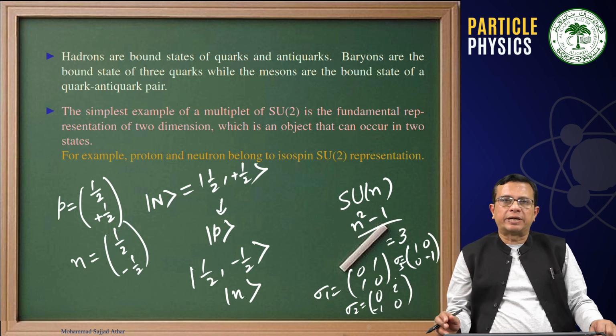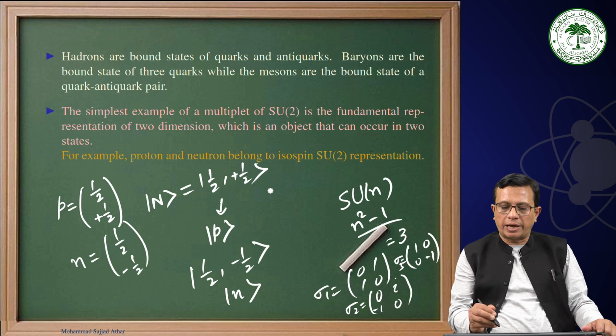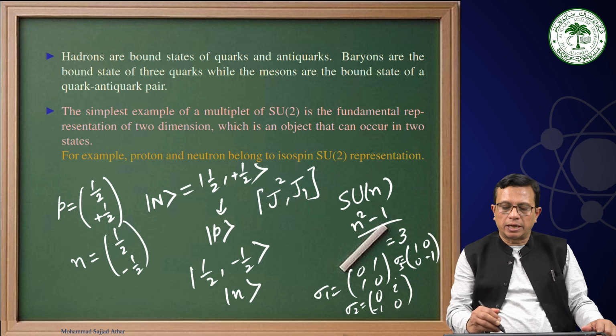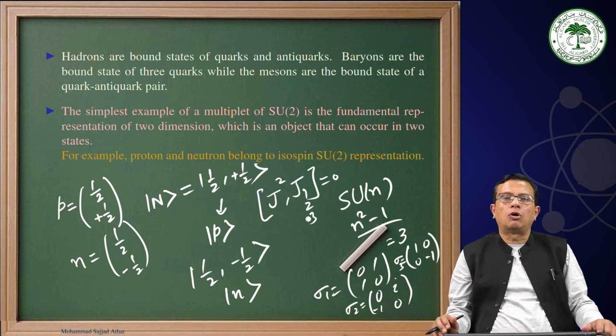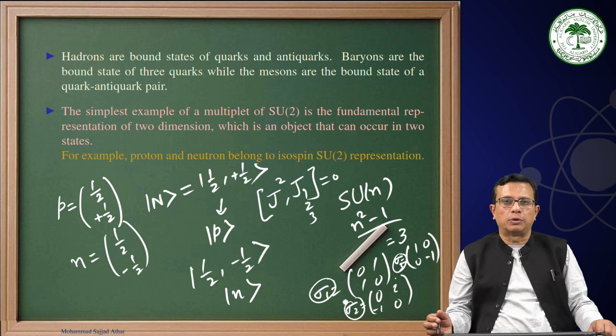In SU2, we have only one Casimir operator, and this Casimir operator, whether I represent it by, say, J square, commutes with J1, J2 as well as J3. Therefore, J square commutes with all these three operators, sigma 1, sigma 2, sigma 3, whatever you like.